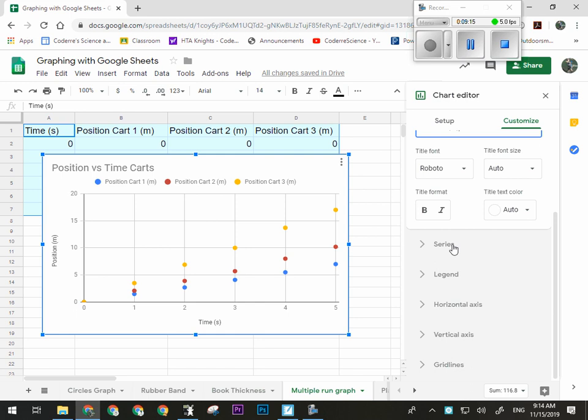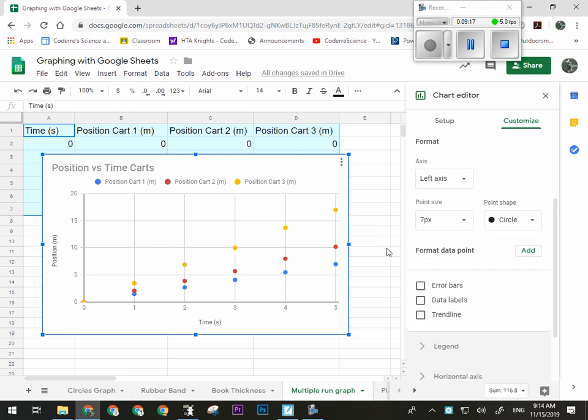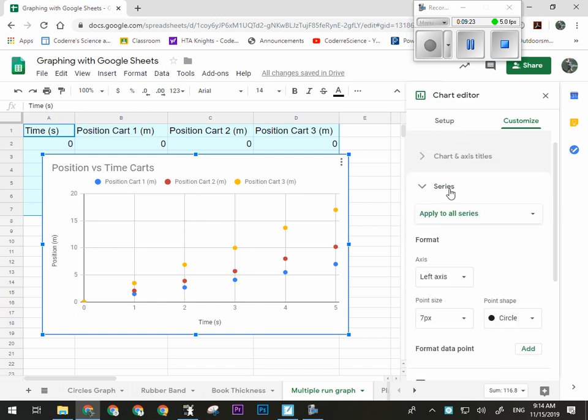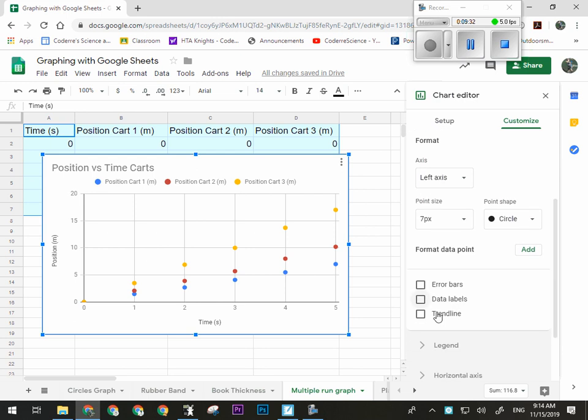Then I'm going to go to series, because I'm obviously going to need the trend line for each one. Right now it usually defaults to apply to all series, which means anything you click will apply to all 3 sets of data. So if I click trend line, I get a trend line for each cart.